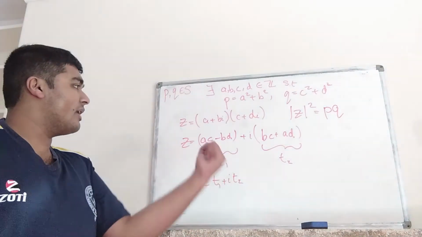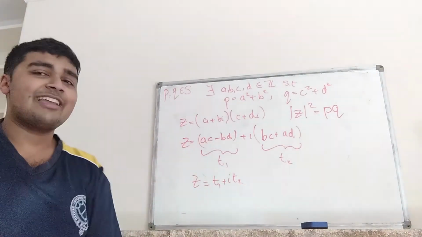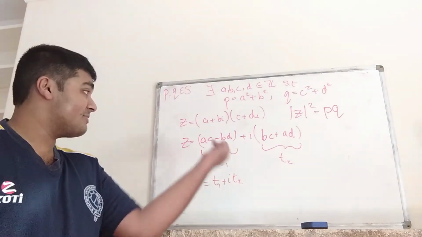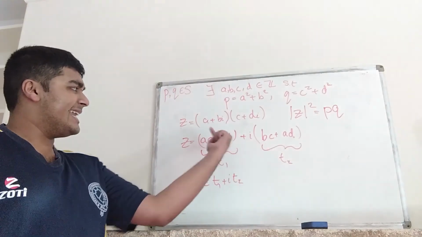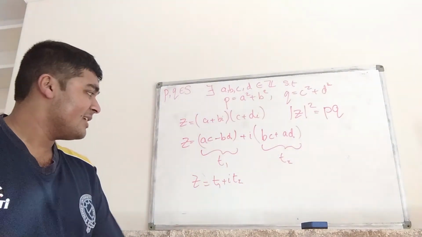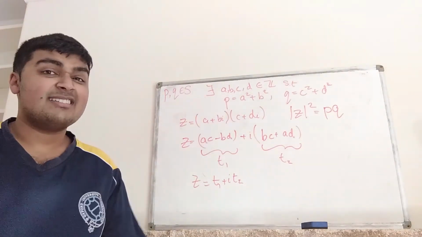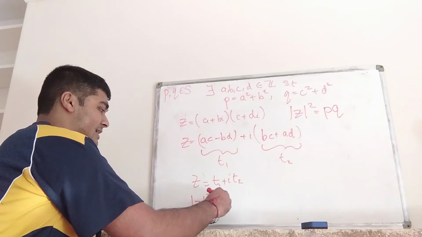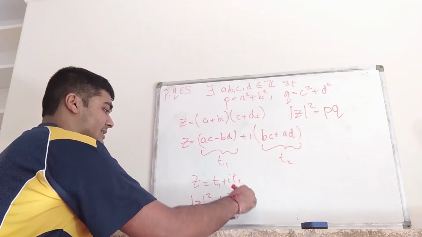That's just so I don't keep writing out A's, B's, C's and D's. Notice that T1 and T2 are both integers because A, B, C and D are integers, and here we're just adding, subtracting and multiplying them, so we still get integers. So Z is equal to T1 plus iT2, and thus the magnitude of Z squared is going to be T1 squared plus T2 squared.